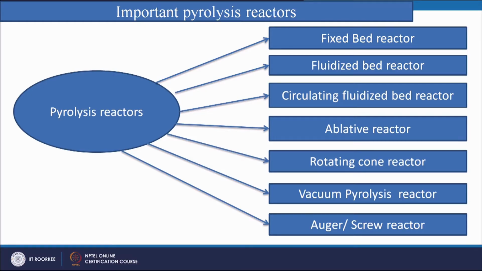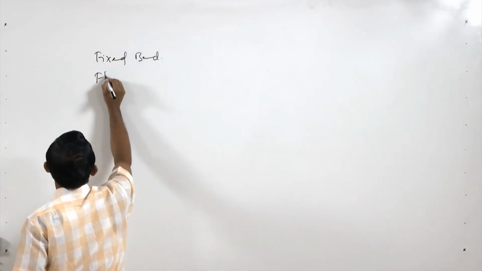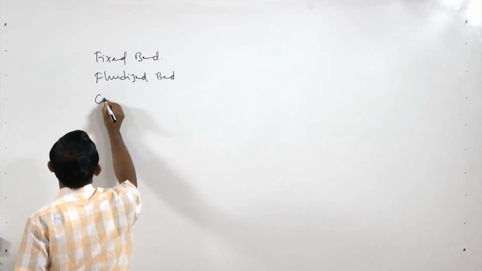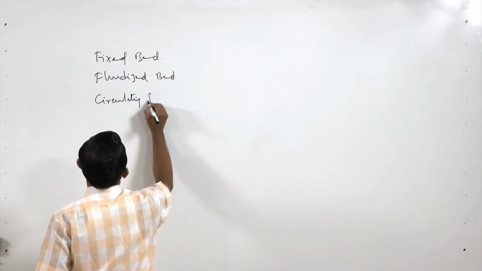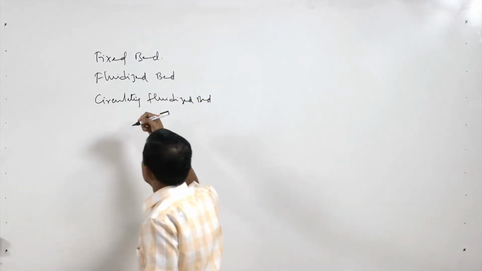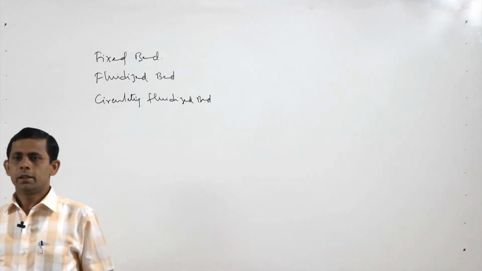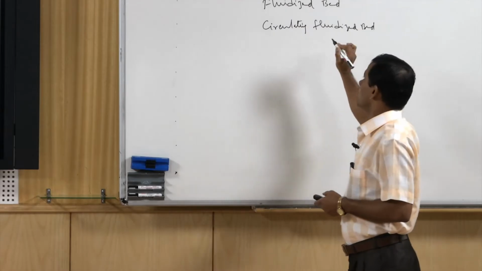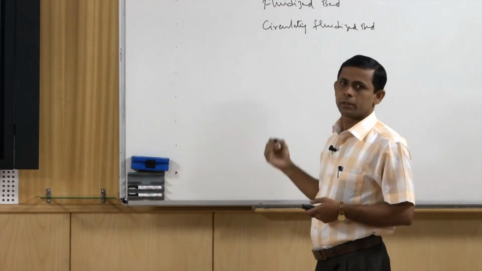In these three reactors, fixed bed, fluidized bed and circulating fluidized bed, some sweep gas is used. In case of combustion and gasification, combusting agent and gasifying agent are used, but in these reactors no such agent is used, but inert gas is used to carry the pyro vapor which can be further condensed.